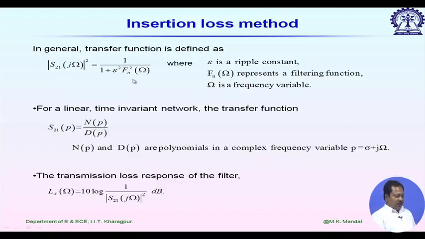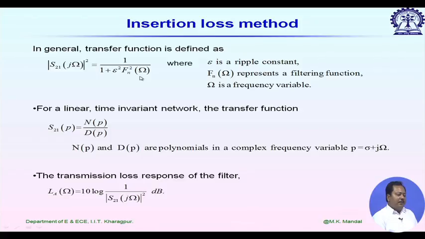Among the S parameters, the transmission parameter S21, which is a function of frequency, we can write the transfer function in terms of S21 as magnitude of S21 square equal to 1 by 1 plus epsilon square into Fn square.